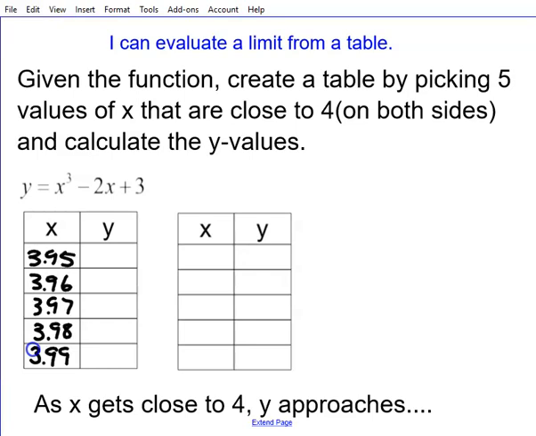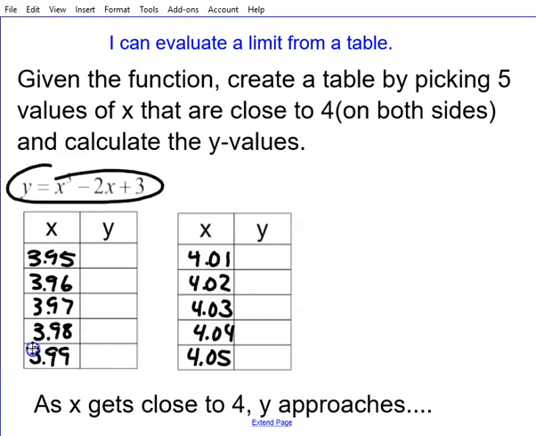And on the other side, if we're coming above 4, 4.01, 4.02, 4.03, 4.04, 4.05. Okay, so this is the function.